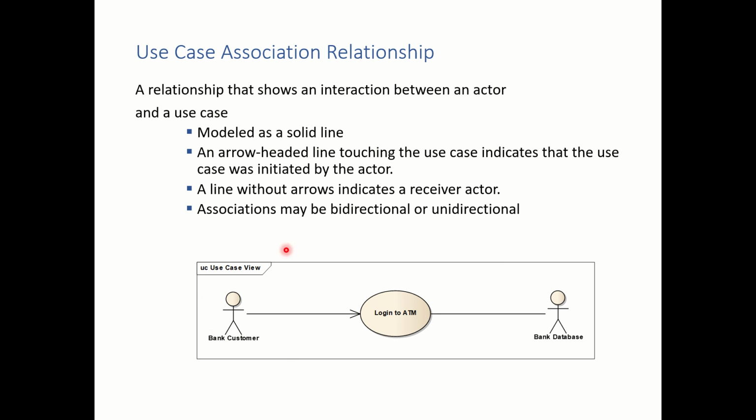So this shows a complete association between bank customer and database, and it could be bidirectional or unidirectional. Sometimes you may be asking something to, say, a customer care center. You are asking a question, and the customer care center person has to reply to you. So it could be bidirectional as well. Now as it is a machine, we are just saying it is unidirectional.